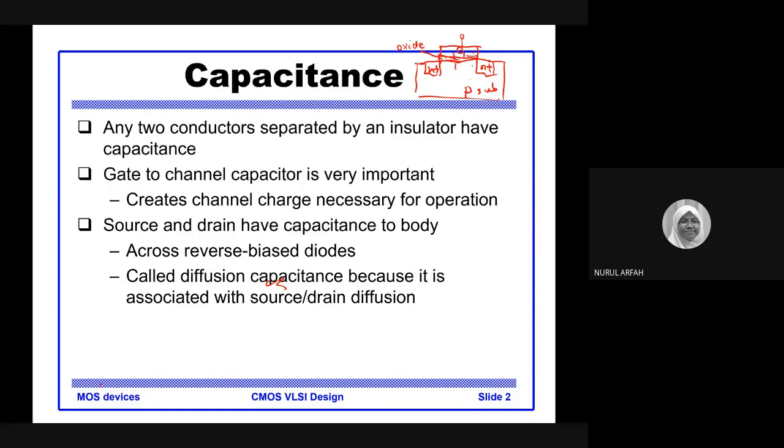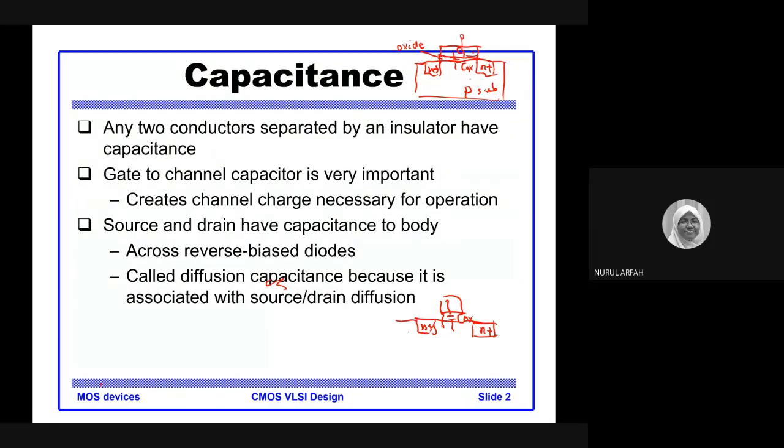Sorry, maybe you cannot see that. This is a capacitor for the oxide layer, the C oxide. If I draw a little bit bigger, this is the gate, this is the oxide layer, and then the N plus here, and another N plus.